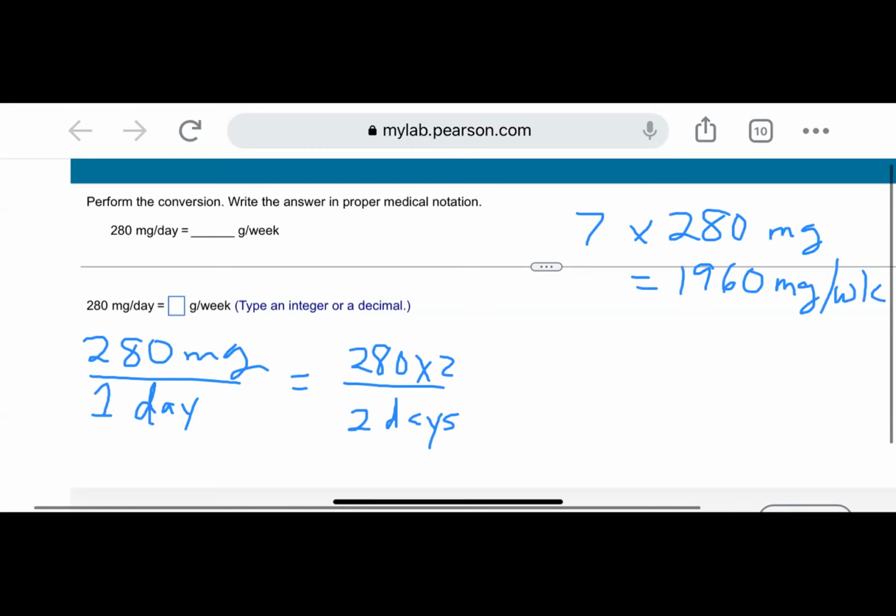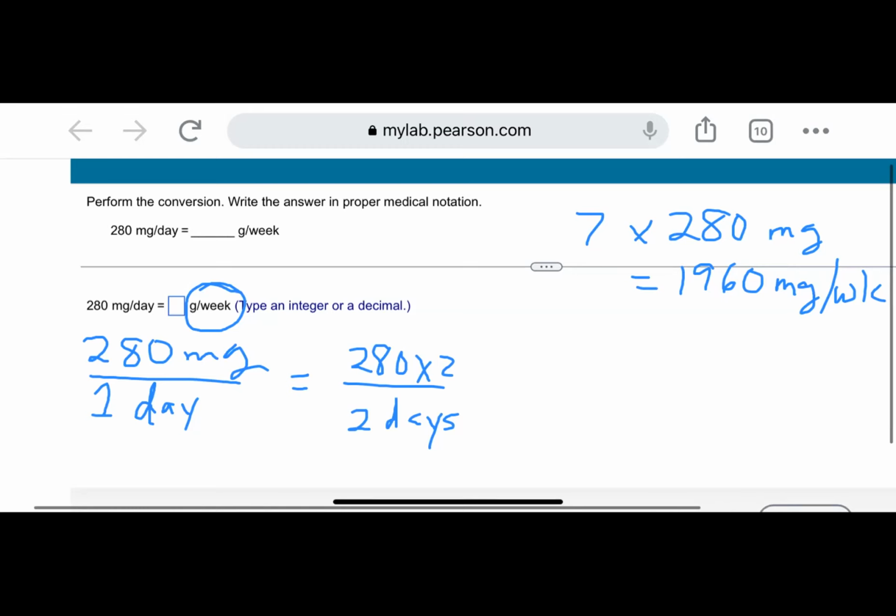Now, the question says that we are looking at changing this to grams per week. So moving from mg to grams, you divide by 1,000, right? Or you go to your chart and then you move from mg to g and then see what you have.